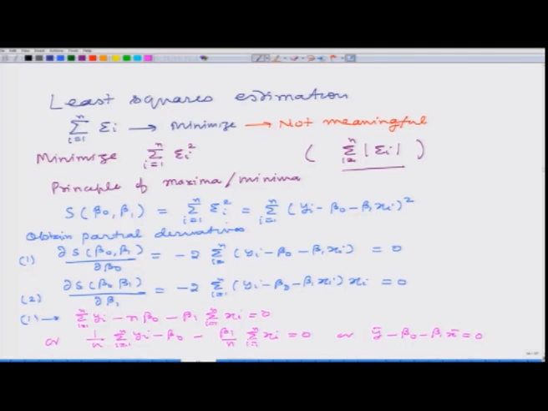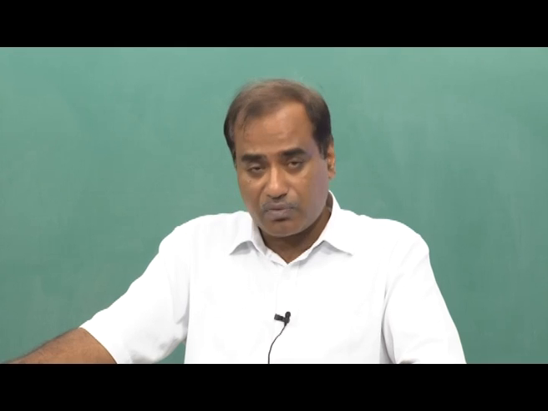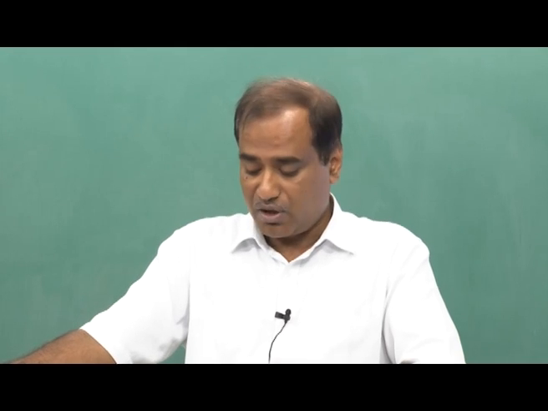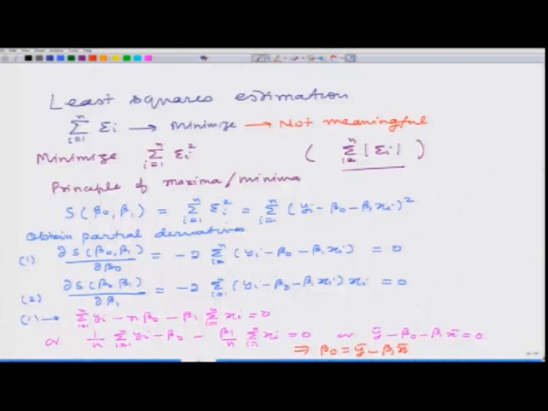So, solving this, beta 0 is equal to y bar minus beta 1 x bar. But this beta 0 can be known to us provided beta 1 is known to us, and up to now we do not know beta 1. So, now I try to solve equation number 2 and let us see what we obtain.